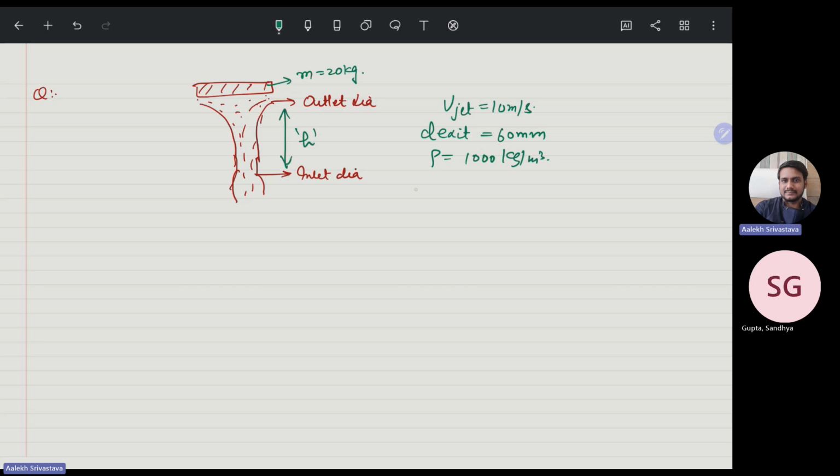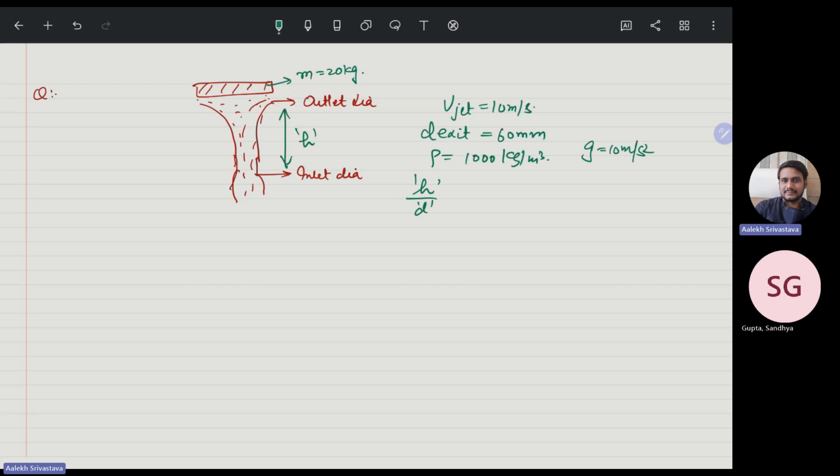So we need to find this equilibrium height to the diameter of jet, if g is given as 10 meter per second square. A flow is happening, and because of its diverging section, it sustains a plate of mass 20 kg, and you need to find the height h divided by the diameter.